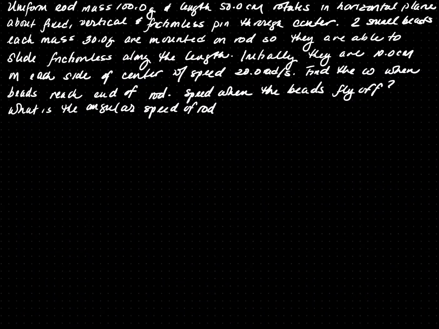In this problem, you have a uniform rod, mass 100 grams, length 50 centimeters, that rotates in a horizontal plane about a fixed vertical and frictionless pin through the center. So if I draw my picture, I already know that this is my axis.